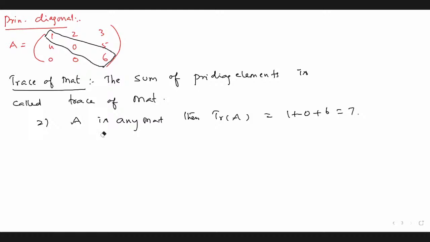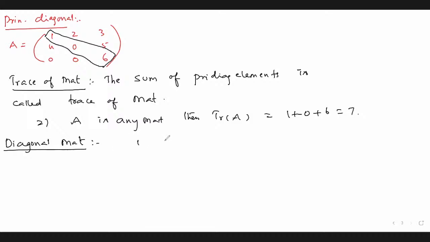Right? Now, this is called trace of the matrix, and the next heading is scalar matrix or diagonal matrix. What is called a diagonal matrix? A matrix in which, except the principal diagonal elements, the remaining elements are 0.